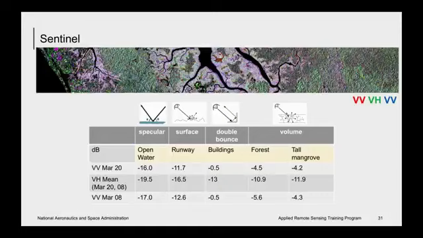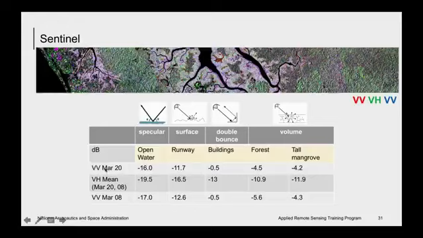So what I did here was I took 2 dates, and for the VH channel, I took the mean between 2 dates. And this is what I have here, March 20th and March 8th. And I put that on the green channel.